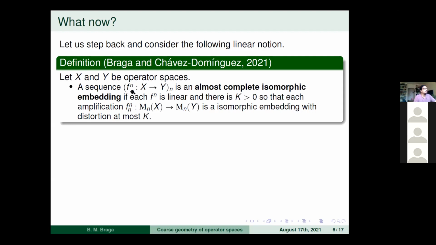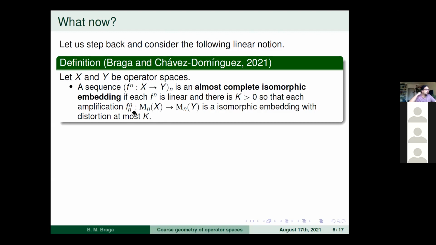We don't care about one single map. We look at a sequence of maps from X to Y. In each one of those elements in the sequence, we just want the map to behave well up to some level of the amplifications. So once you amplify F upper index n times, you want it to be an isomorphism with a bounded distortion, let's say of K. But if you go to n+1, we don't know what happens anymore.